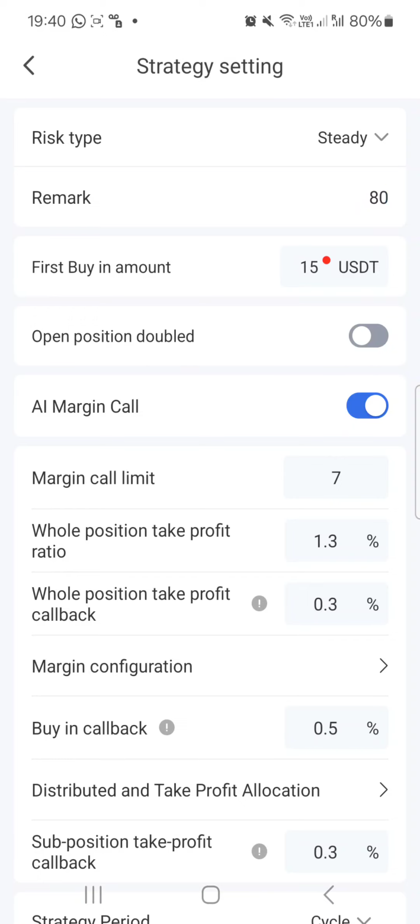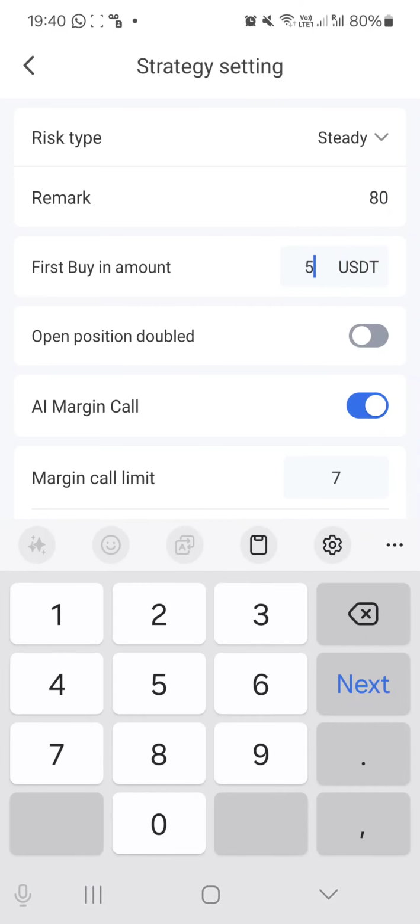For those on Binance, you can have a minimum of 5 USDT as your first buy amount. So you'll come here and say, I'm using 5 USDT. If you're on OKX and HTX, the minimum is $10.